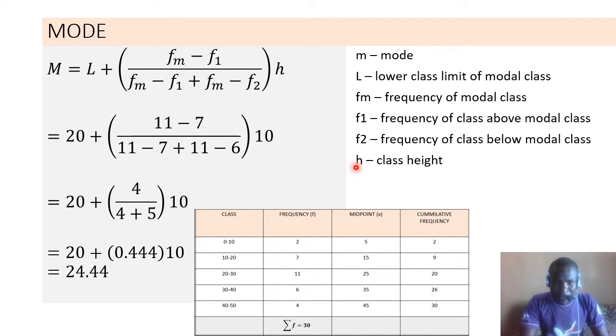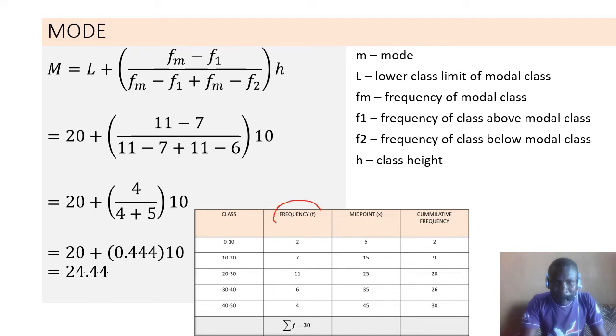Now once we have that information and our formula, we can easily substitute our values. But the first important thing is that you're supposed to identify under which class the mode falls. How do we determine that? When we are looking for the modal class, we normally look at the frequency column.